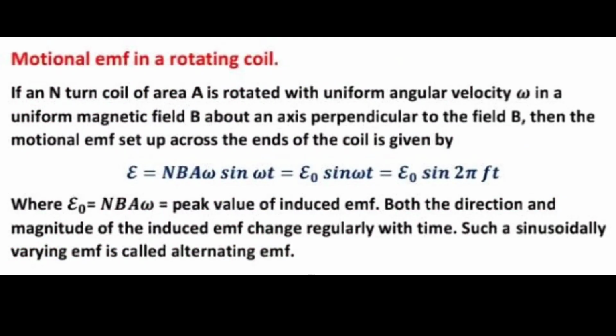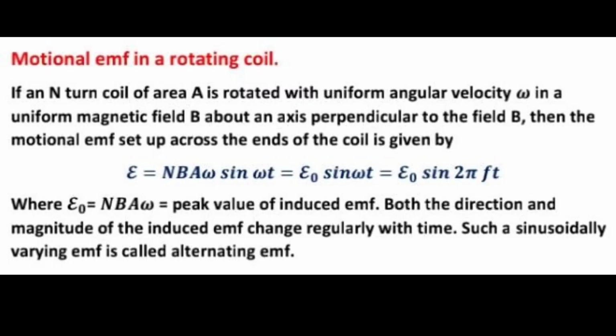Now the motional EMF in the case of a rotating coil. For the rotating coil, let us assume certain things: capital N is the number of turns, capital A is the area of the coil, and this coil is rotated with uniform angular velocity omega in a uniform magnetic field, and this magnetic field is perpendicular to the axis of the coil.